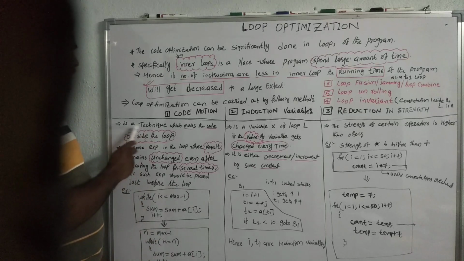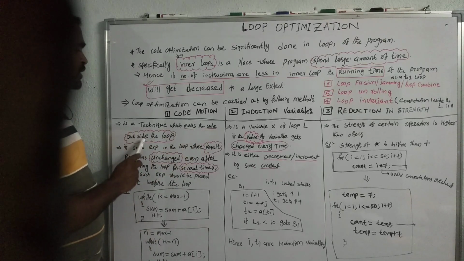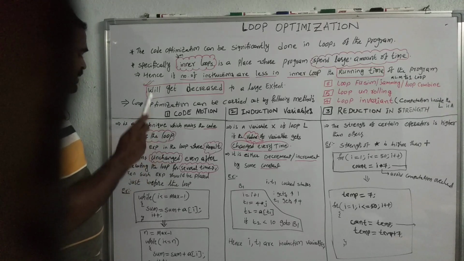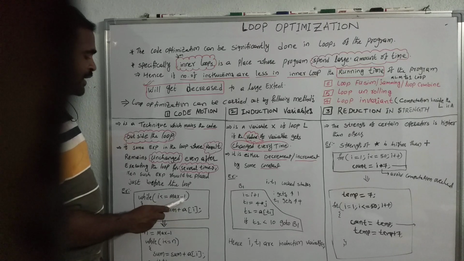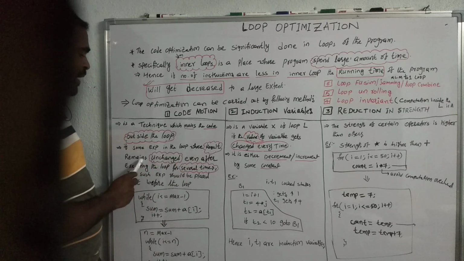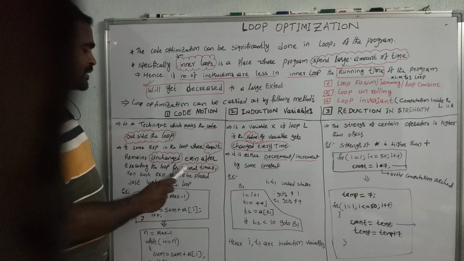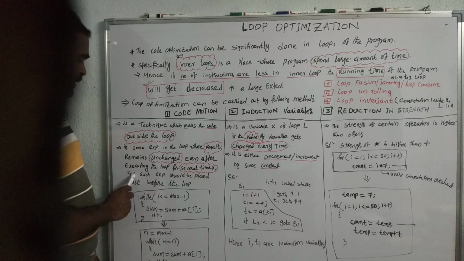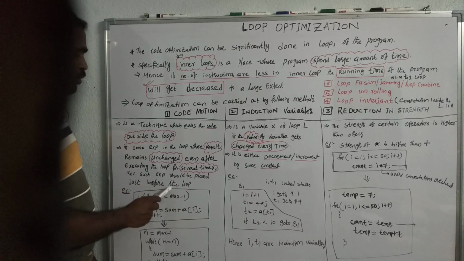Code motion is a technique which moves the code outside the loop. That means if some expressions like max minus 1 in the loop have results that remain unchanged even after executing the loop several times, then such expressions should be placed just before the loop.